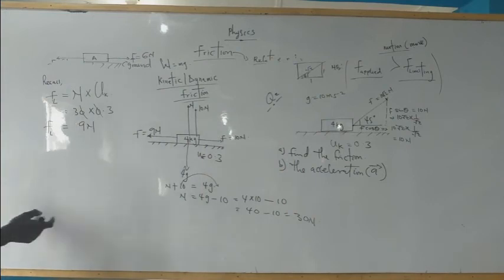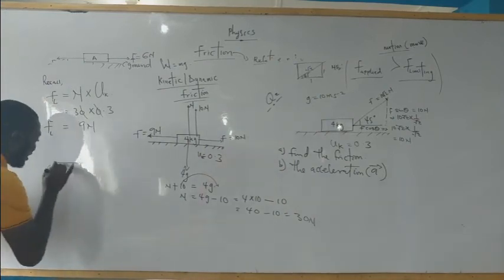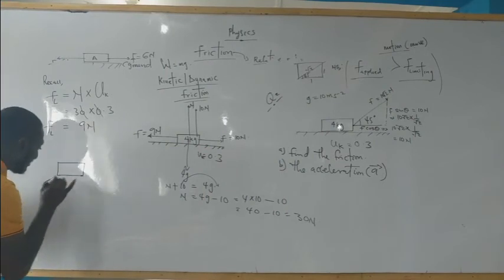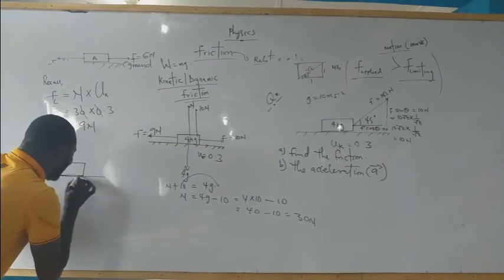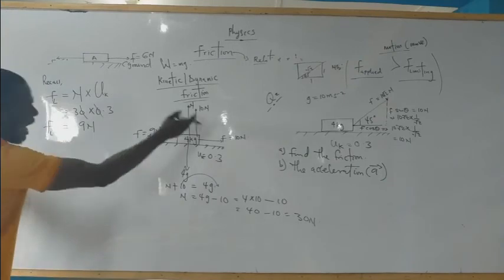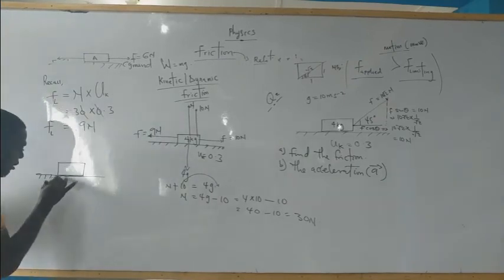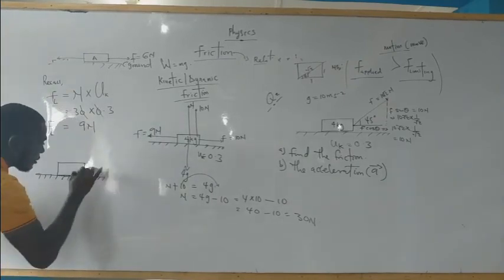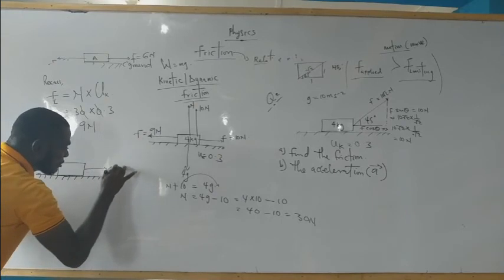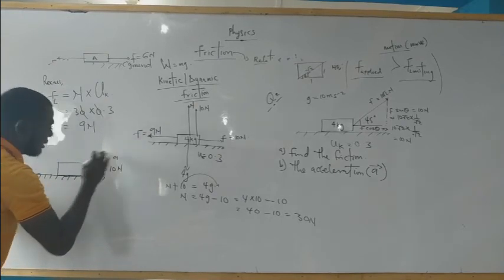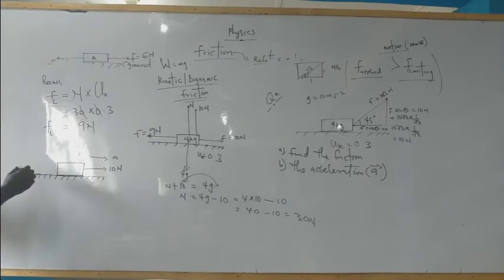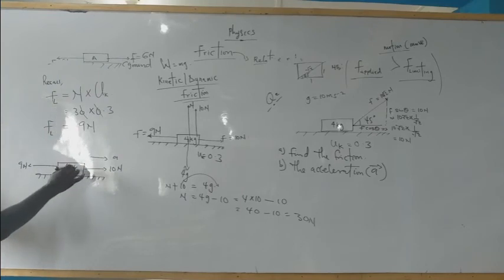Then what will be the acceleration? Since the applied force, which is 10 Newton, is greater than the limiting force, it will move towards this side. We have the limiting friction to be 9 Newton, and the mass is 4 kg.